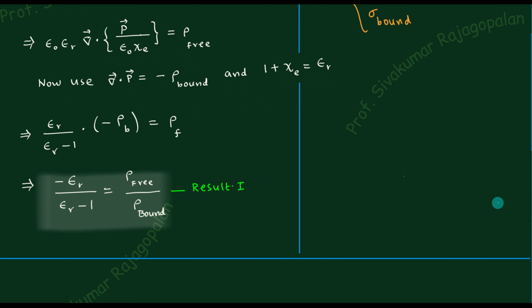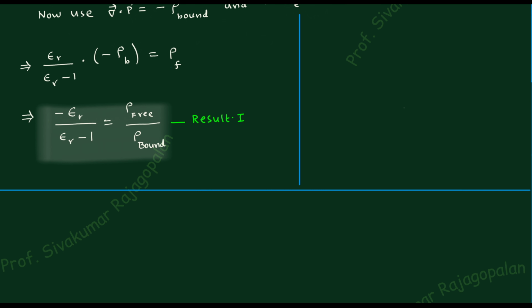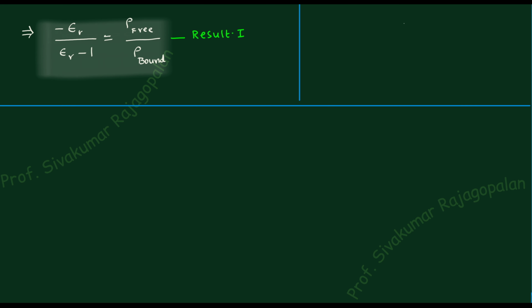So let us discuss how to obtain the connection for the surface charge density. Similarly, let us use another relation. What is the relation that you already know? It is that the normal component of the polarization is equal to sigma bound.